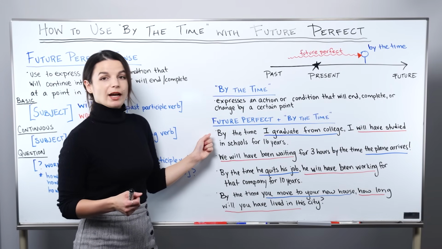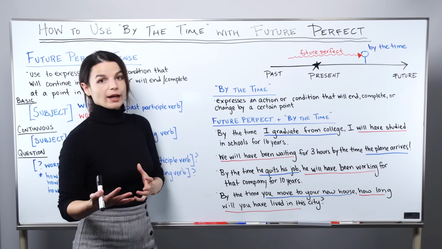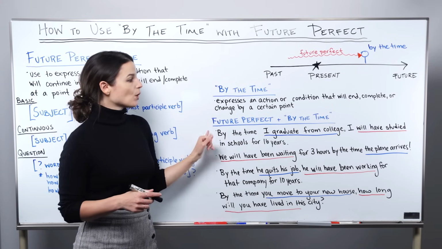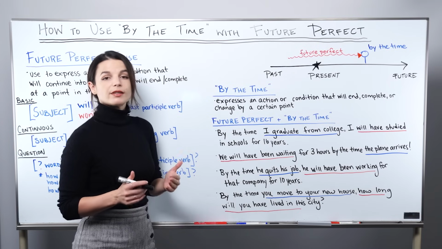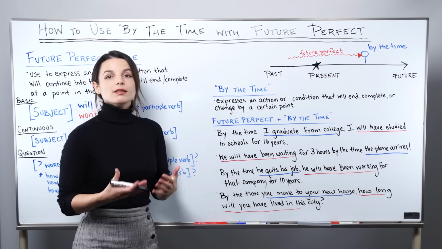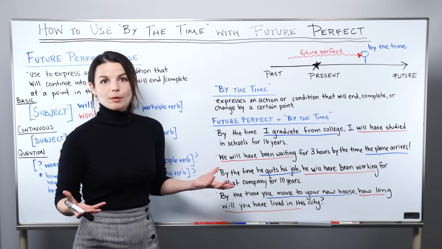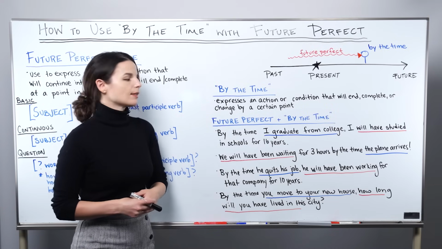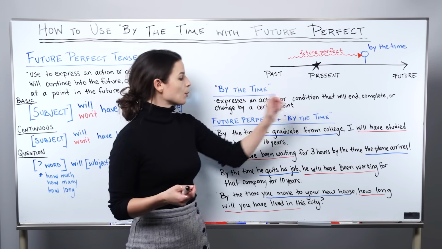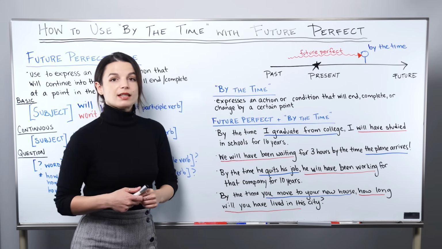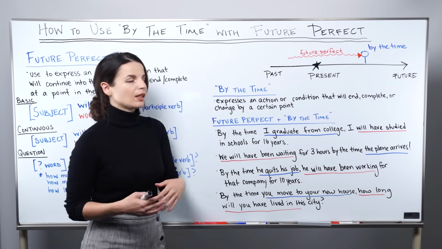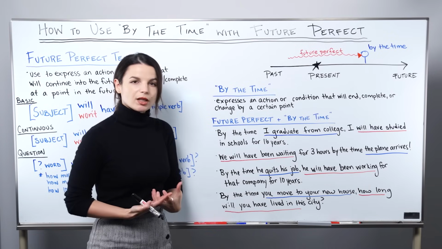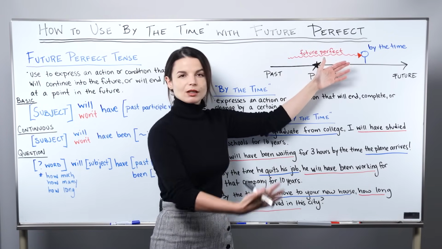So let's take a look at another example sentence here. If we change "by the time" out and use "when" instead, the sentence becomes, "When I graduate from college, I will have studied in schools for 16 years." So this also, we have no communication problem here. We understand what the speaker is saying. But because we don't have this "by the time" here, we don't have that same feeling of kind of building up the years of study.